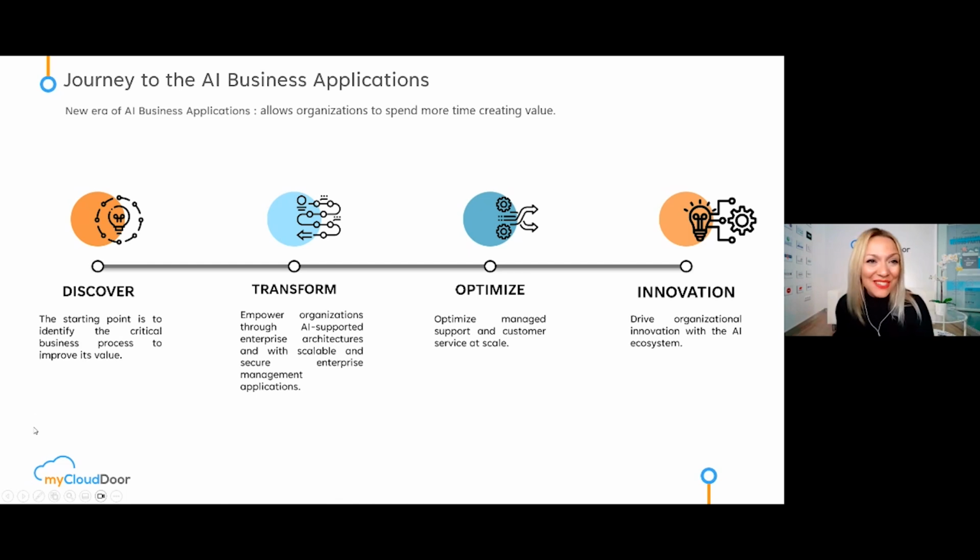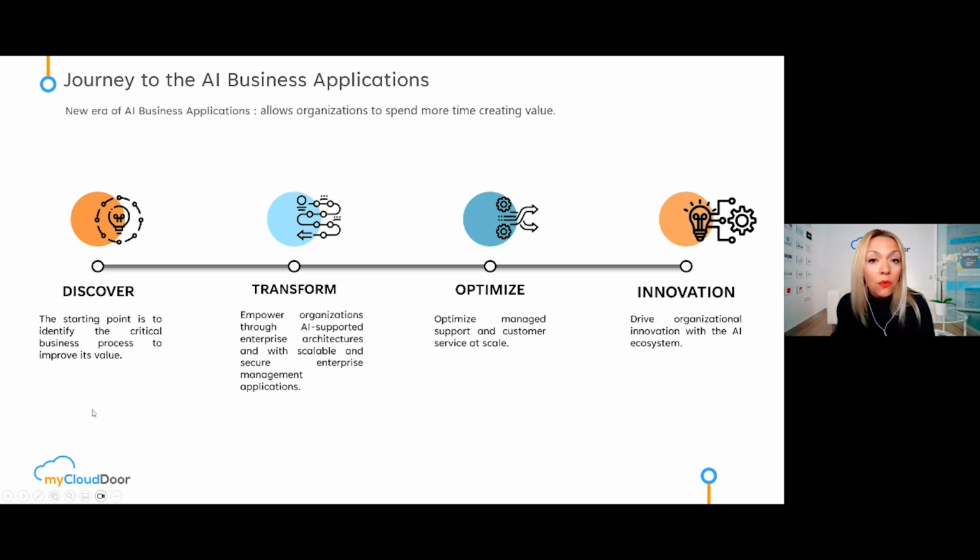Thanks for the introduction, Sanjay. And again, thanks to all the audience. At myCloudDoor, we cannot conceive of working with business applications without the empowerment that comes from having AI integrated into them. This new era opens a new path where organizations will be able to focus on value creation and efficiency.